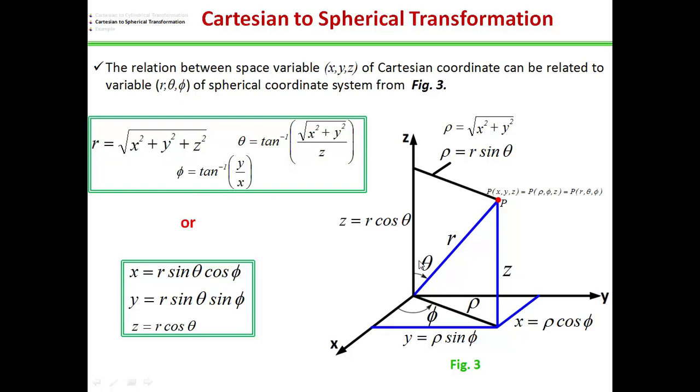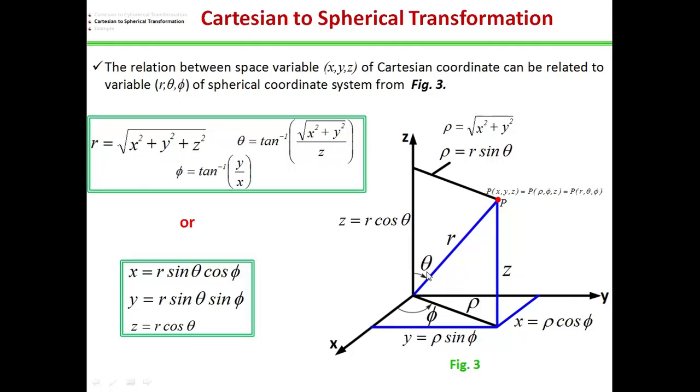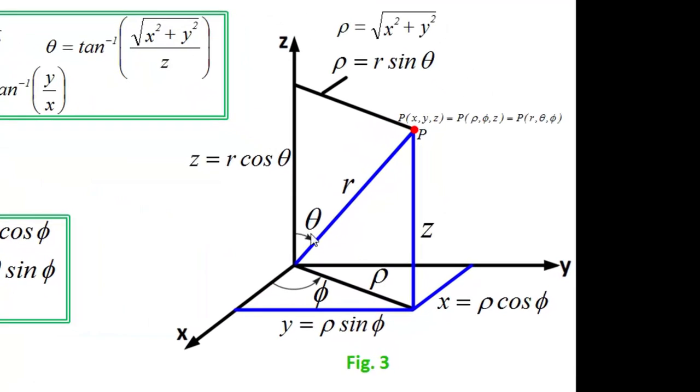And we want to calculate theta in terms of x, y, z. From this figure, you can say rho is equal to r sin theta and z is equal to r cos theta. After dividing these two, we find r sin theta divided by r cos theta is equal to rho by z, so r will cancel out. This gives tan theta, and tan theta is equal to rho by z.